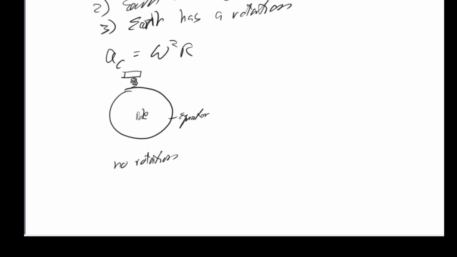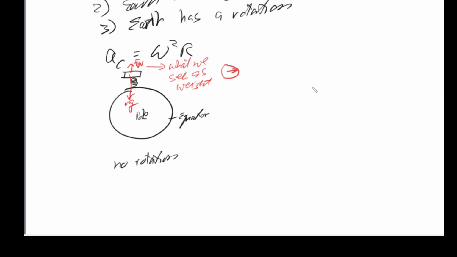Now that has a weight given by mg, and the scale is showing a normal force, and this is what we see as weight. So when we look at a weight on a scale, we're actually looking at how hard the scale is pushing up on that weight. So let's say the scale here shows a weight that moves over here. Okay? And again, there's no rotation.